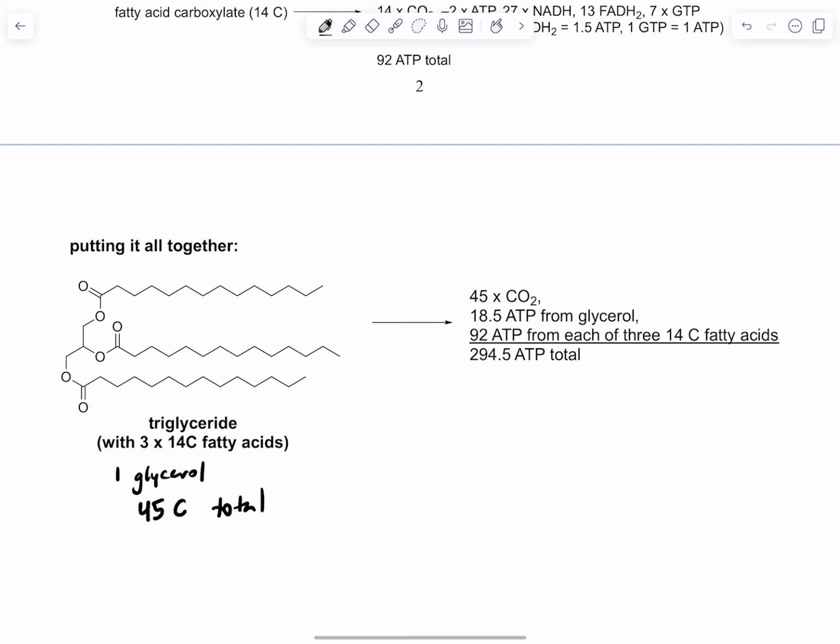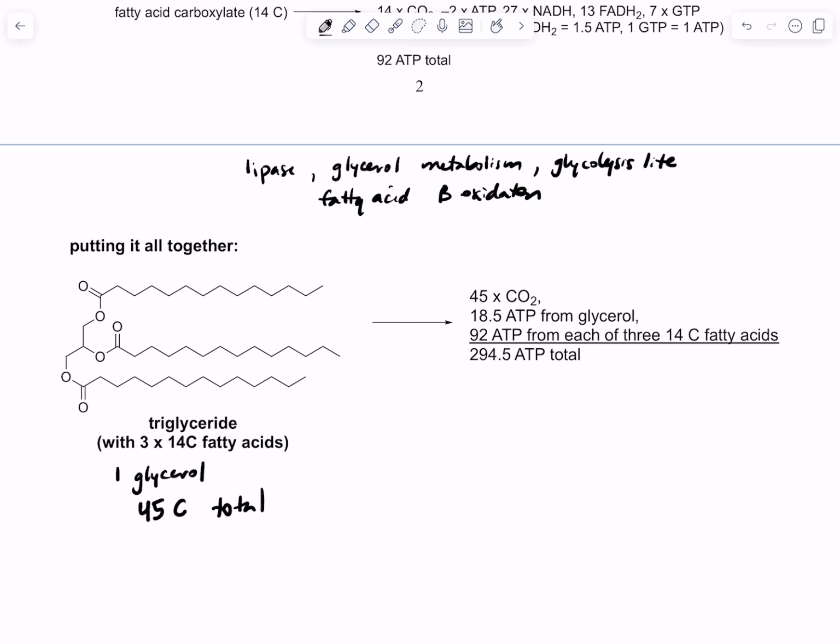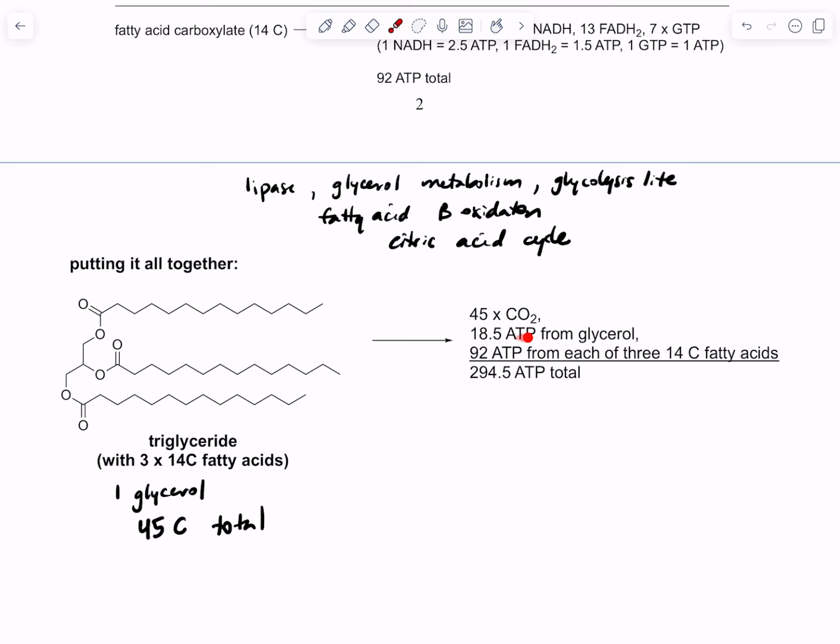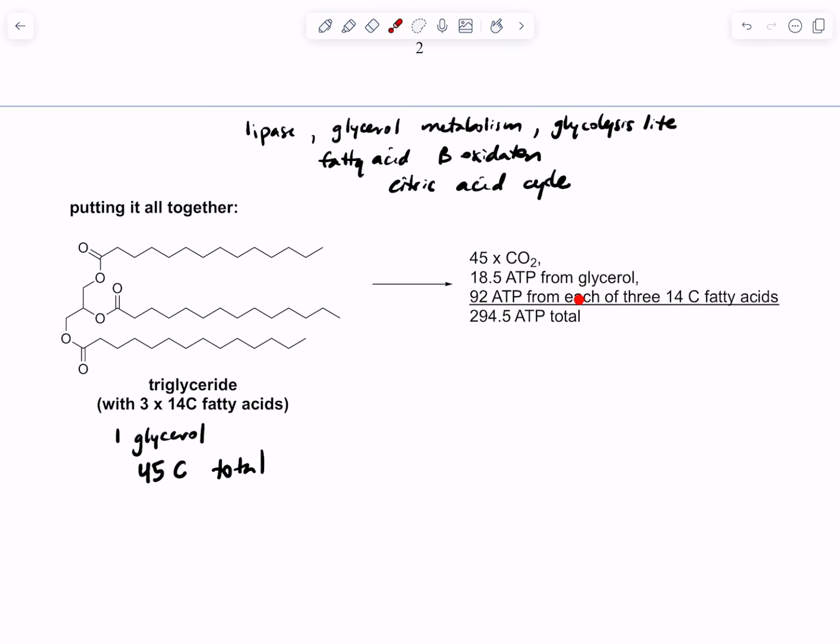If we do all of this from lipase to glycerol metabolism, through the remaining portion of glycolysis, we'll call that glycolysis light because it's just the last few steps, and then through fatty acid beta oxidation, and then through the citric acid cycle, you ultimately make 45 molecules of CO2, 18.5 ATP from glycerol, and 92 ATPs from each of the three 14-carbon fatty acids, for a whopping 294 to 295 ATPs from one triglyceride.